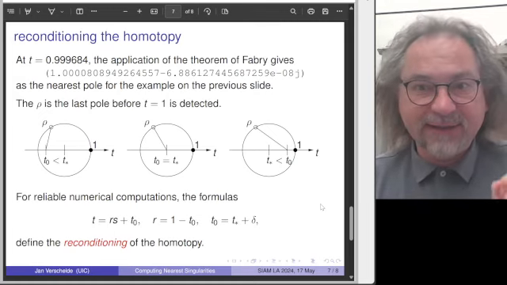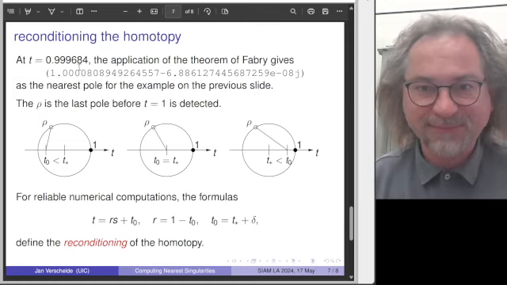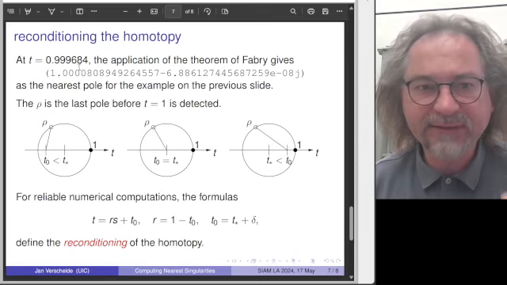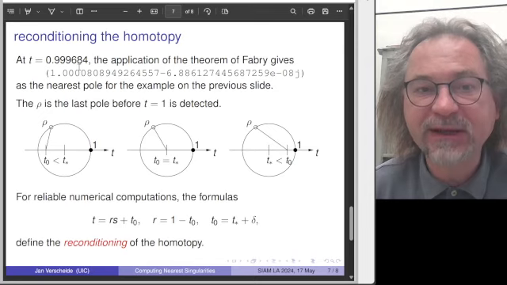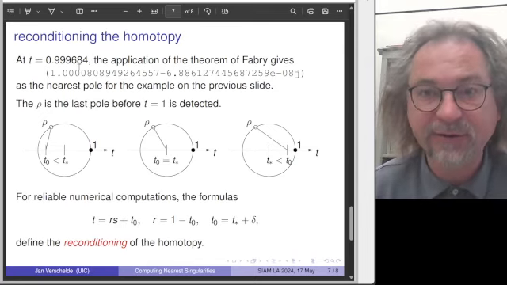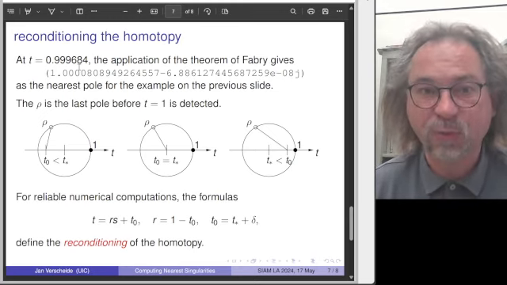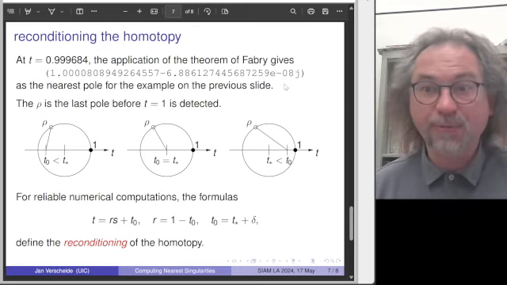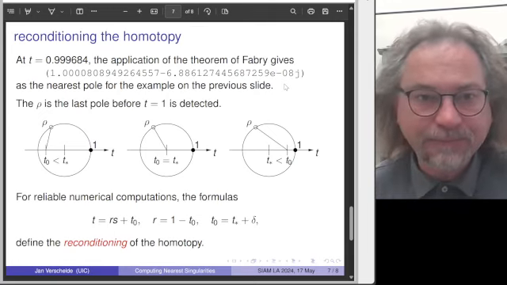I was also saying that you have to get very close. Although it depends what your scale is, at t very close to 1, we see that the ratio theorem of Fabry detects the singularity at the end. So the nearest pole is 1 then. Look at the imaginary part, 10 to the power minus 8. Very tiny.